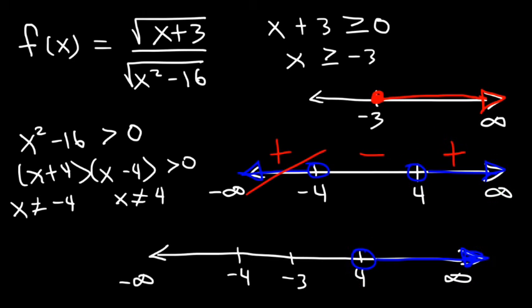Hence it is important for us to write that the domain will be 4 to infinity. As I have told, both the intervals must simultaneously be satisfied. So 4 to infinity is satisfying the first one as well as the second one. Hence at last the domain will be 4 to infinity.